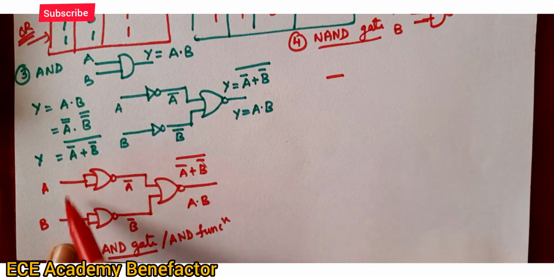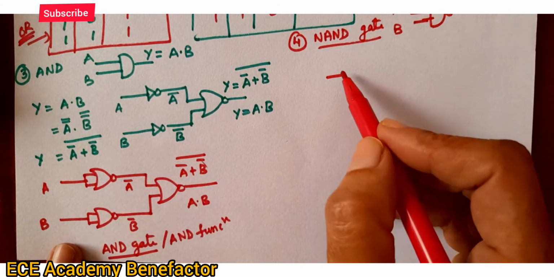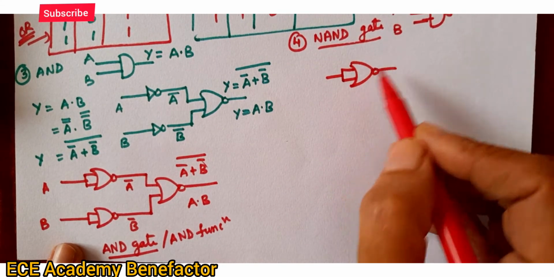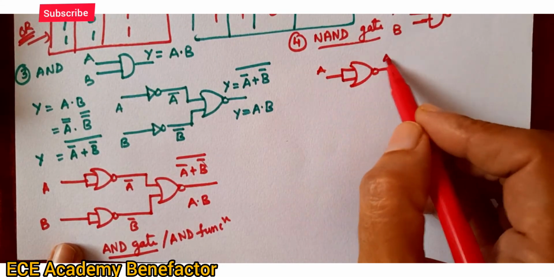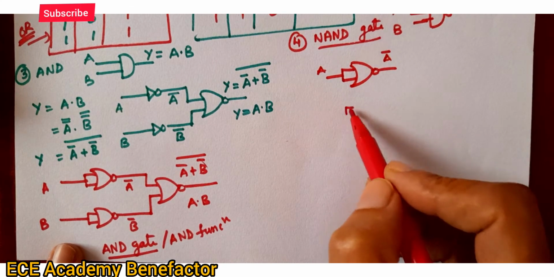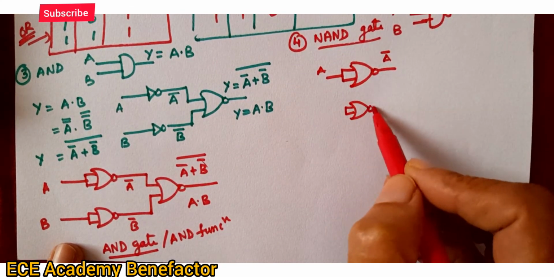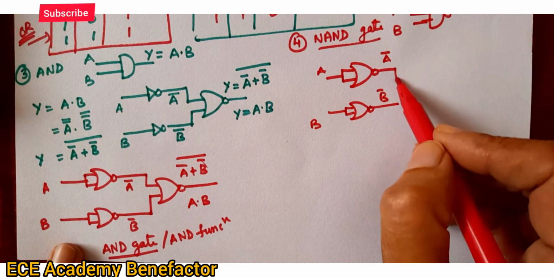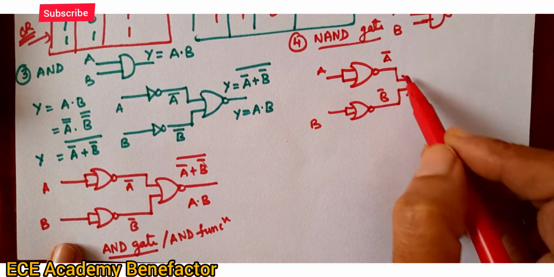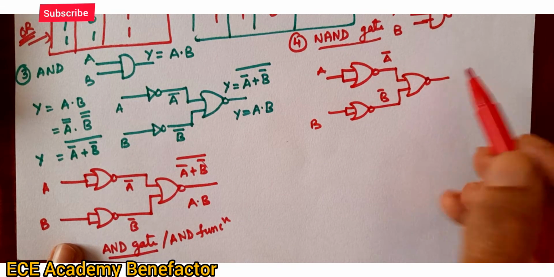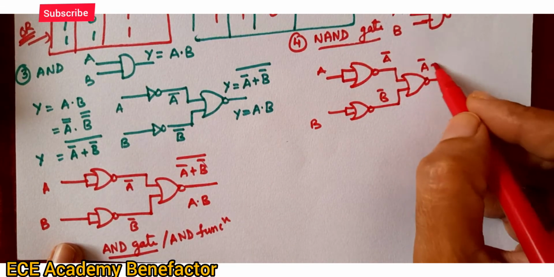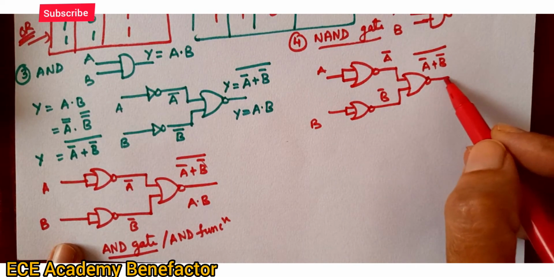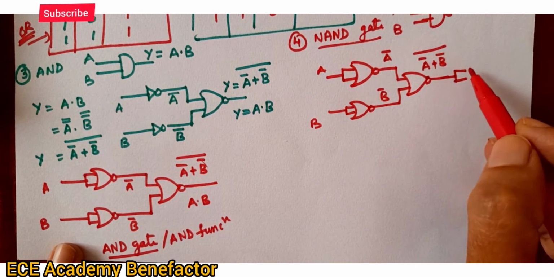So we can easily draw it. Up to here it is clear, it is an AND gate. So I will first draw the AND gate. A, it will come as A bar, and then B, B bar, and then given to a NOR gate. So here we will get A bar plus B bar the whole bar, and then finally giving it to a NOT gate.